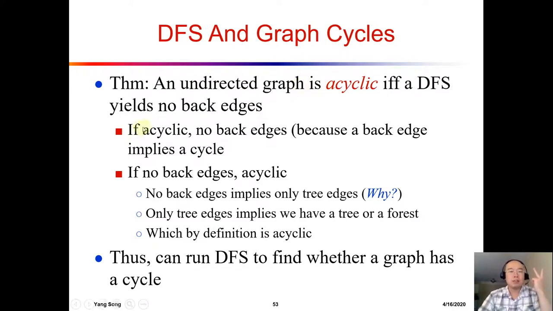And if there are also no back edges, then this graph is already a tree structure, right? So after running the DFS, we keep all the edges as tree edges, and there's no cycle because we end up with several trees.